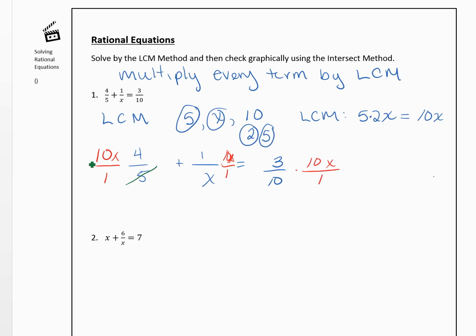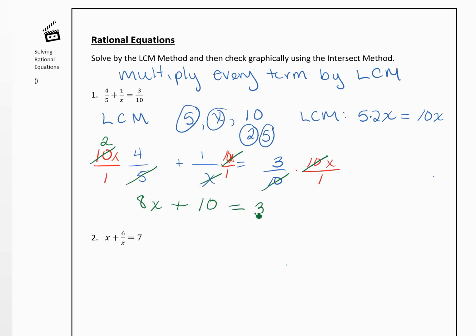This denominator, 5 goes into 10 2 times. So we're going to have 2 times x times 4. The 2 times 4 will be 8, and we have the x. Plus, here we have 1 times 10x over x times 1. So the x's can cancel out, and we get 10.